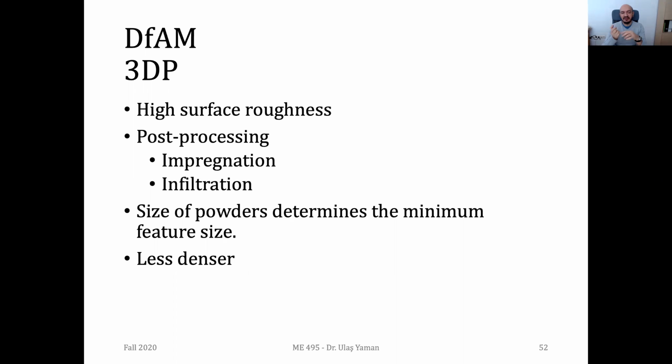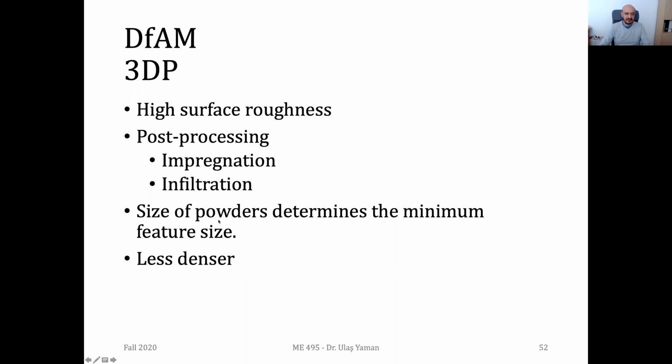So, for instance, if you produce a bushing and do impregnation, then these porous regions will be filled with oil, and in the whole life of the bushing, you don't need to do lubrication, since it's a self-lubricating part. So that's a nice property. Depending again on your aim, on your application, you may have such post-processing.